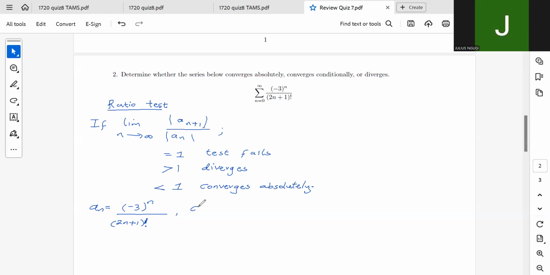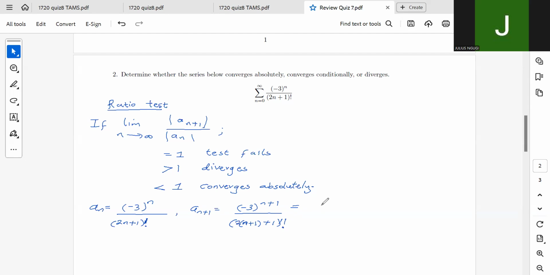So our an plus 1 will be equals to minus 3 to the power of n plus 1 divided by 2n, but now n becomes n plus 1. Whenever I have n, I put n plus 1, now plus 1 factorials.